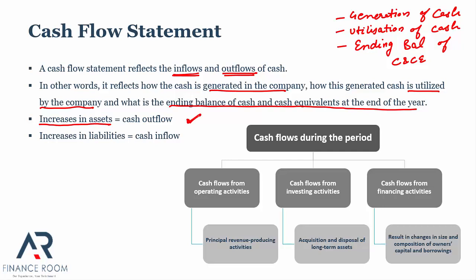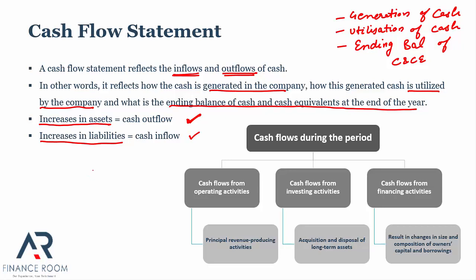Now, I know what you're thinking, that when are we required to adjust them in the cash flow statements? How is it concerned with the cash flow statement? Just bear with me for a while. We'll see how this is factored in the cash flow statement. An increase in liabilities is your cash inflow. Why?